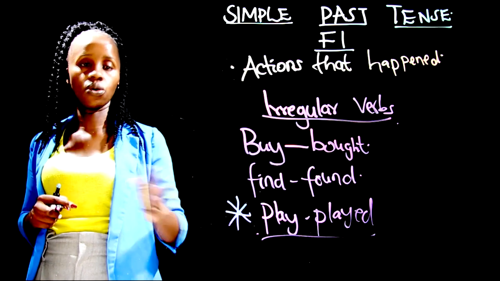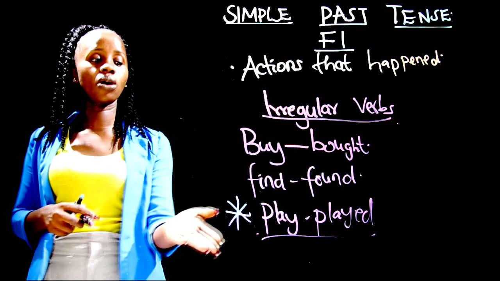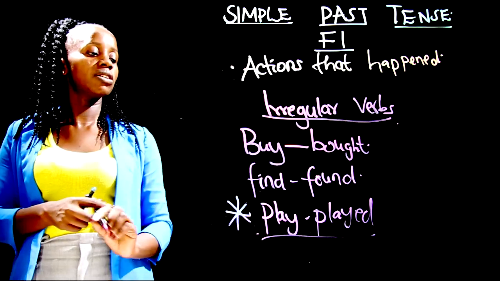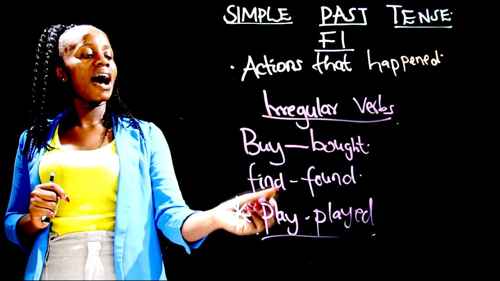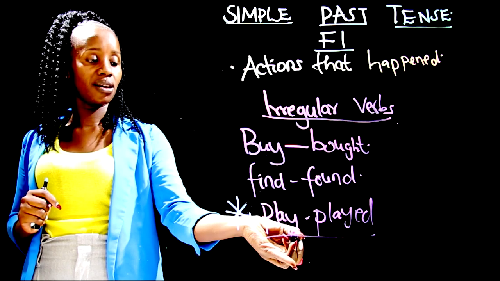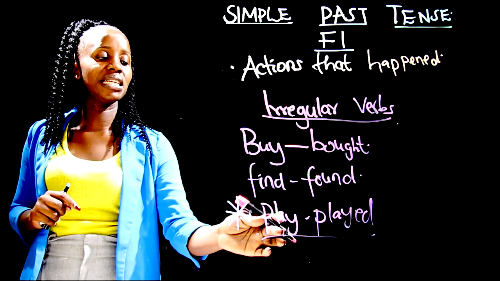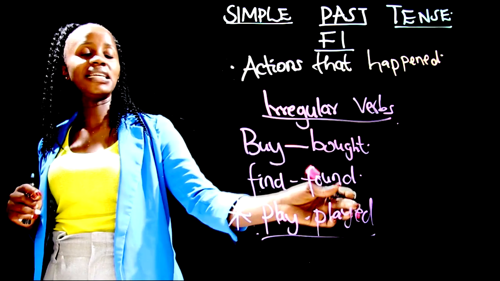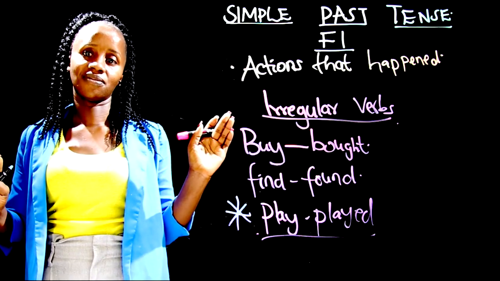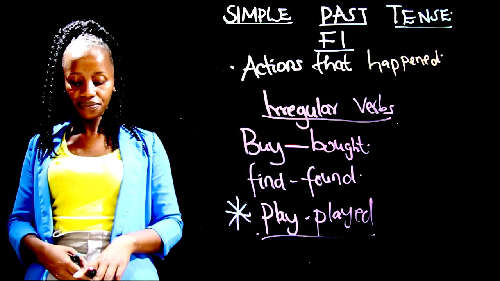It is a special rule. This one only applies to regular verbs, because we've said for regular verbs, that is where we have rules. So if a vowel comes before a Y, please do not delete the Y, just add ed straight to the point. I hope you've internalized that.